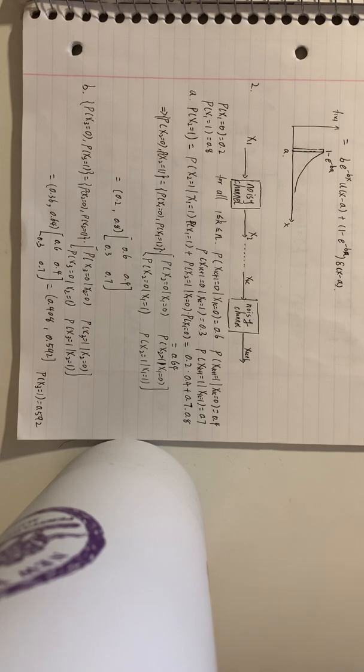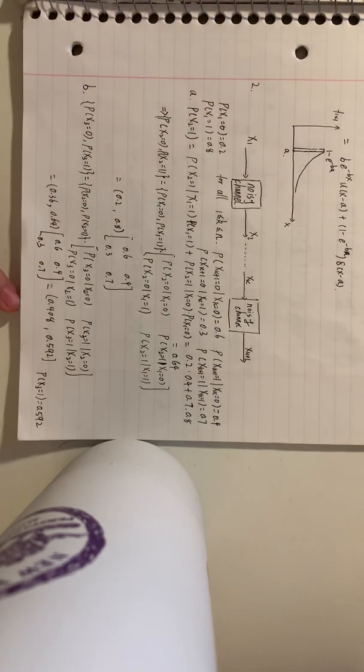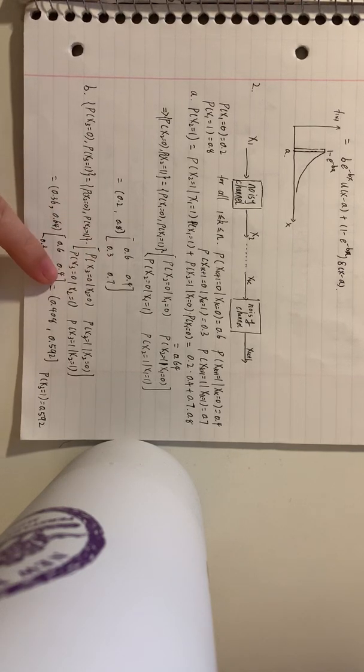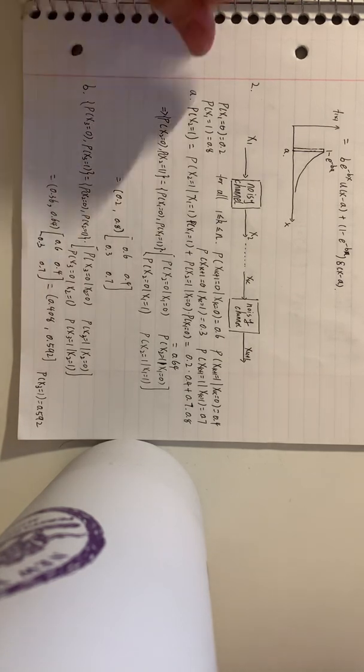The second part of the question is to find the probability of x3 equal to 1. We can use this transition matrix to solve this question.